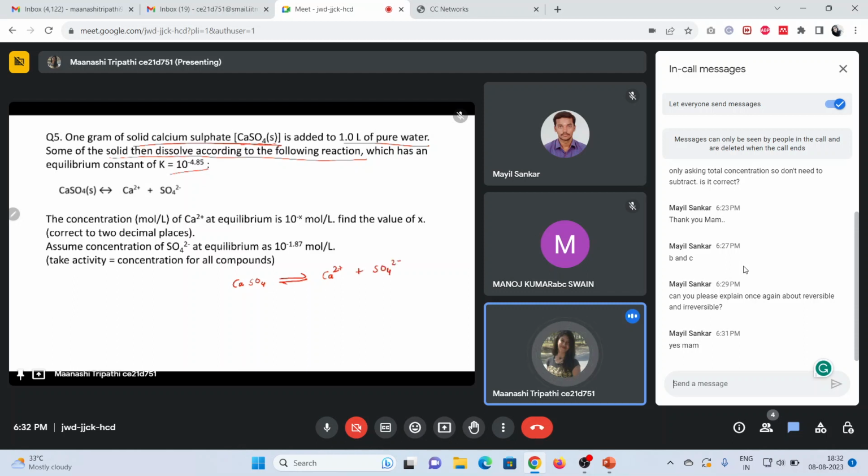So this is the reaction, and the equilibrium constant is also given, 10 raised to power minus 4.85. How do we write the equilibrium constant? Ca2+, SO4 2-, and CaSO4.